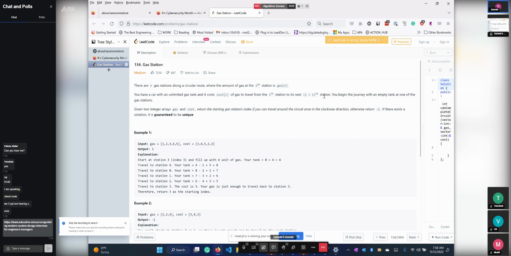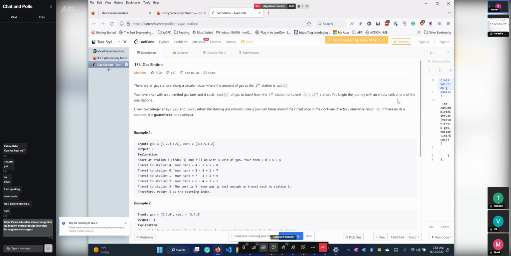It's a circular route. That means if you are at the end station, you can come back. If you are at the last station, the fifth station, and you want to go back to the first station, you just need 2 gallons, then you will be at the first station.